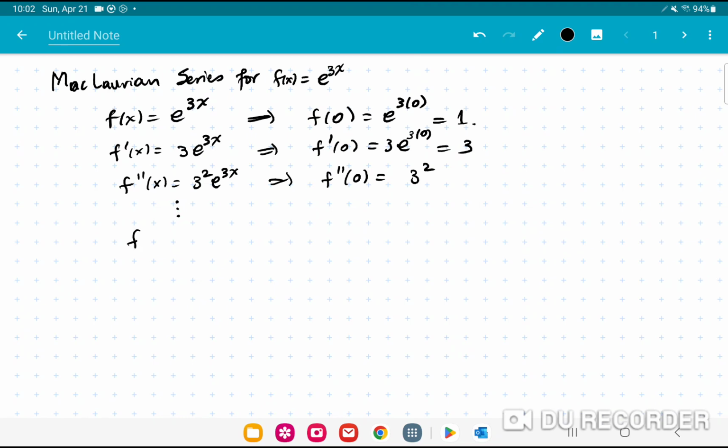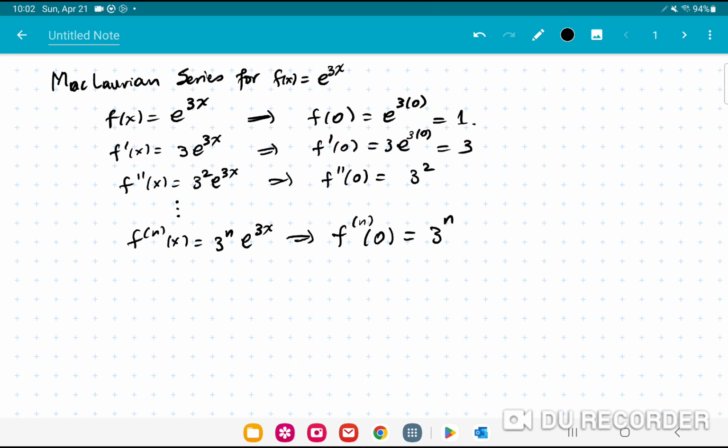If you continue, the nth derivative is 3 to the power of n times e to the power of 3x. It keeps adding a copy of 3 as a coefficient. So the nth derivative at a, in this case at 0, is 3 to the power of n times e to the 0.